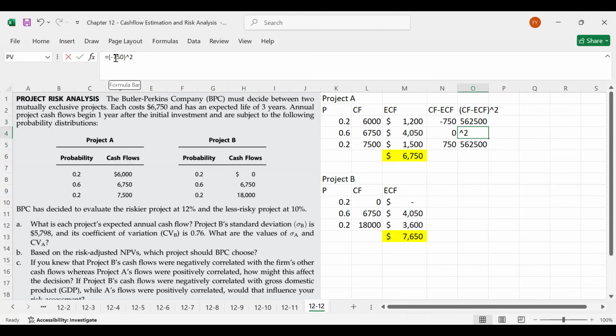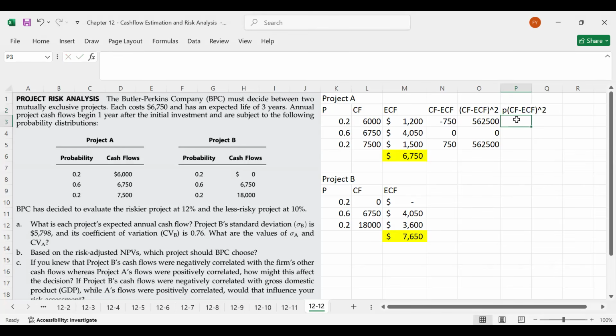Here we have the square of 0, and then we have the same amount. Here we don't have minus, but we have a positive value, but because of the square, the answer is the same. And in the next step, we multiply this answer with the probability. So we are going to multiply P into CF minus expected cash flows, squared.